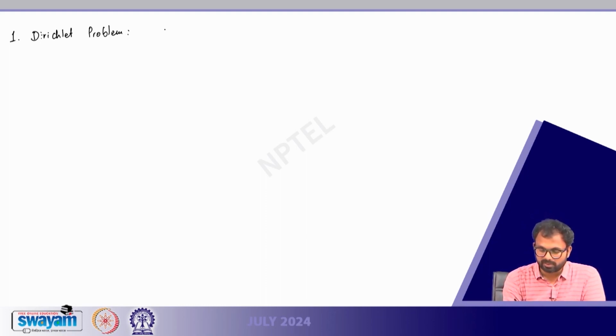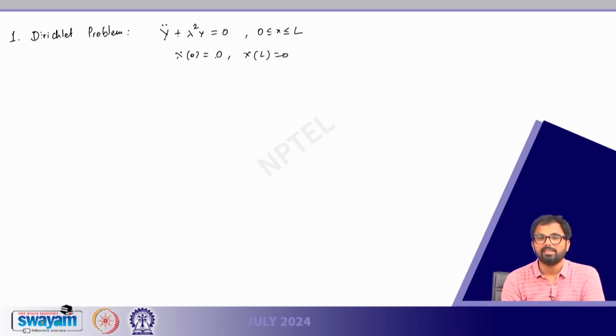So the Dirichlet problem is something of this type: y double dash plus lambda square y equals 0, valid on 0 to L, and at x equals 0 I have 0, and at x equals L I also have 0. It does not have to be 0, it can be any number, but taking 0 simplifies things.